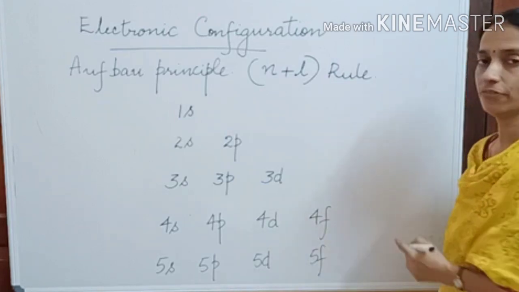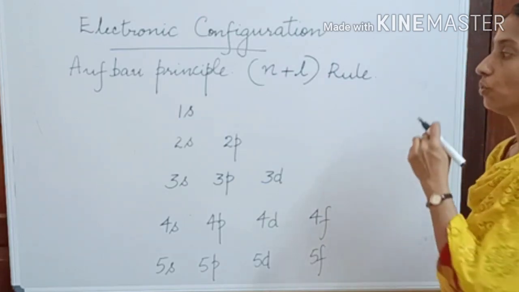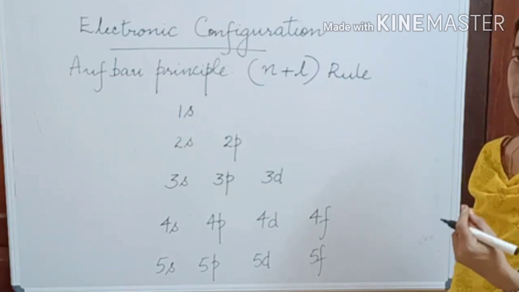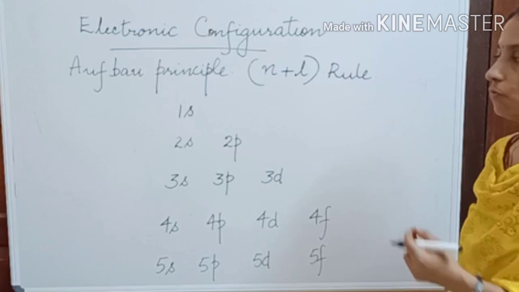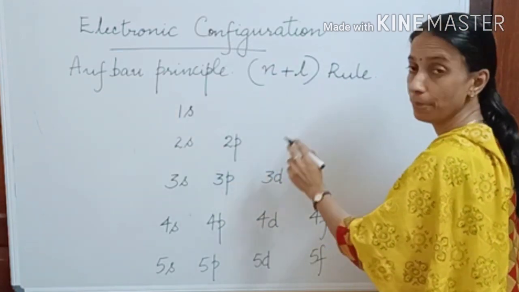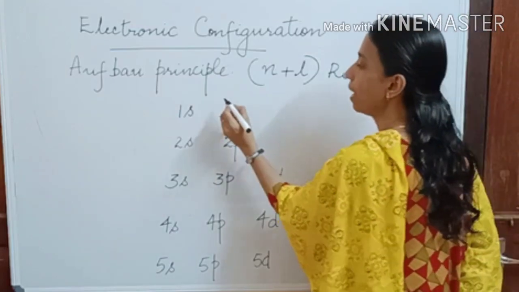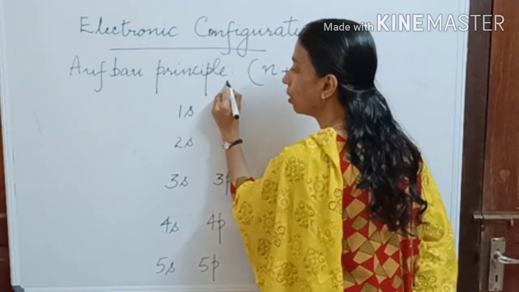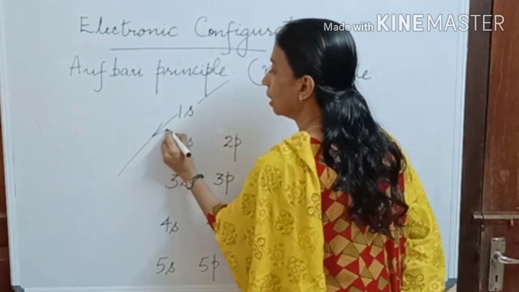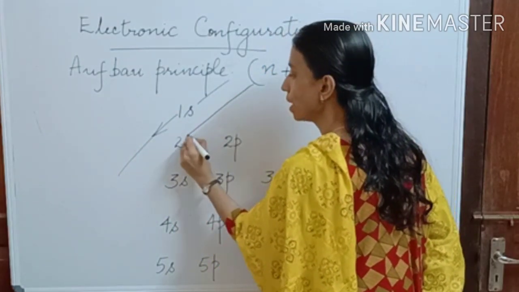So how will the filling up occur? To find out the order in which the different orbitals are being filled up, we just have to draw diagonal lines one below the other. So the first filling occurs in 1s, then it comes to 2s.